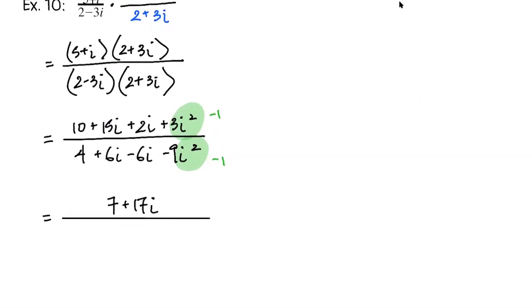Now in the denominator, here's a clue you did it right. If these cancel out to 0 and you've got no more i's in the denominator, then you've achieved your goal. Now this is not going to be -5 in the denominator, but it's actually going to be 13.